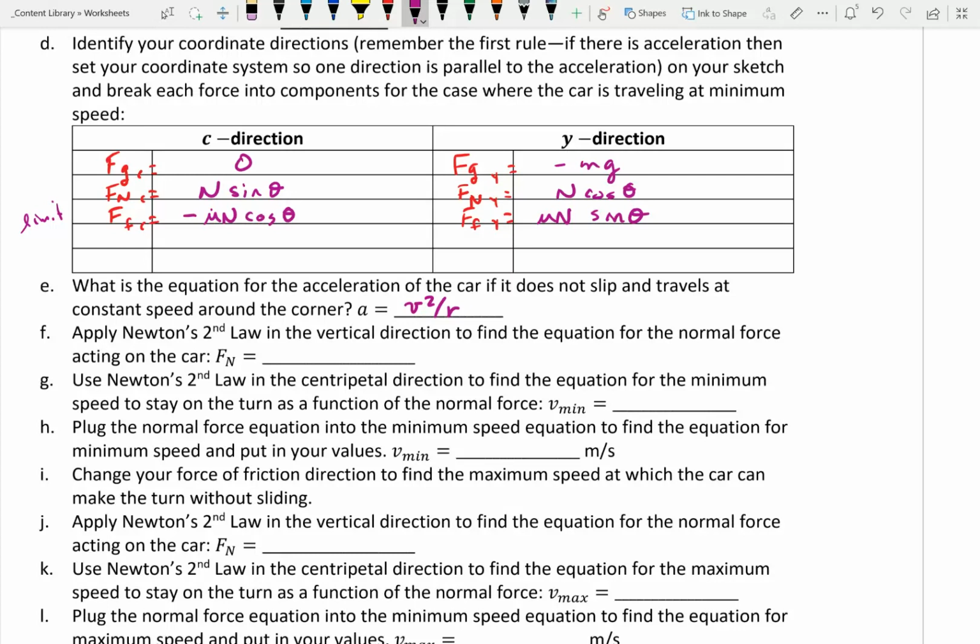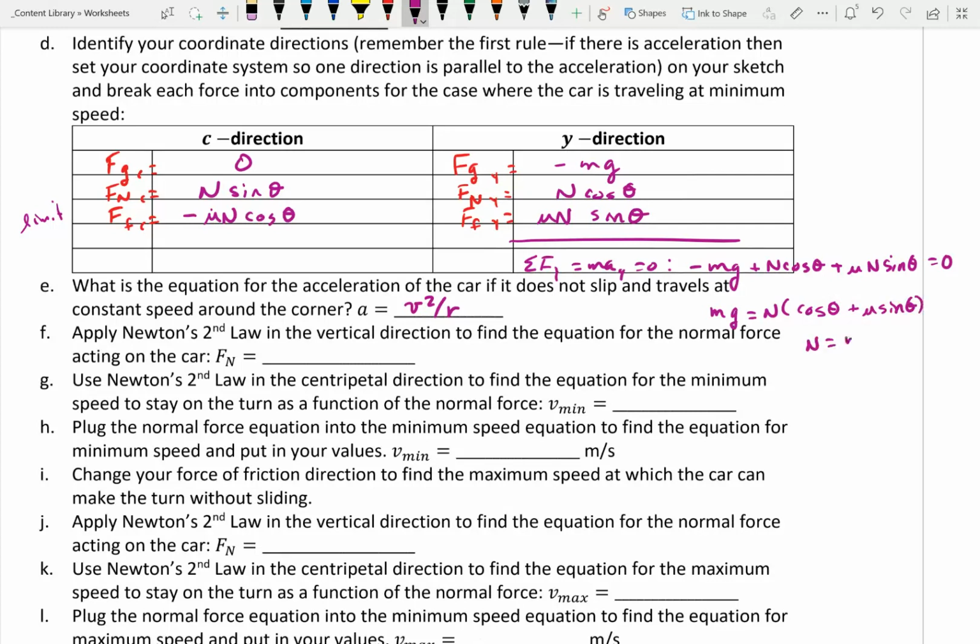Now, if I apply Newton's second law in the vertical direction, I can get, adding those up, minus mg plus n cosine theta plus mu n sine theta equals 0. Wow, that's kind of rough, right? But if I solve that for n, I'll have mg is equal to n times cosine theta plus mu sine theta.